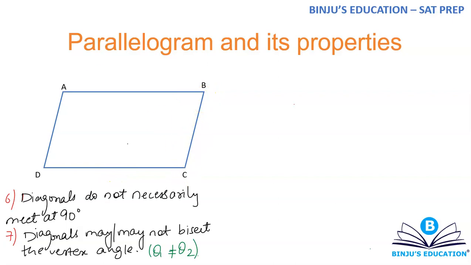If you want to calculate the area of a parallelogram, the formula is pretty simple. That is base times the height. So for example, if I take CD to be my base, I need to have a height. So I'm going to drop a perpendicular either from A or from B onto CD.